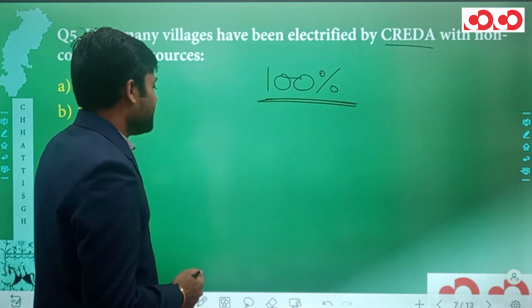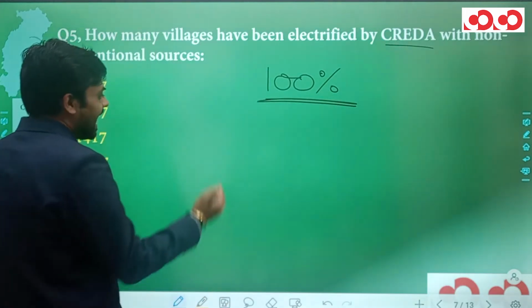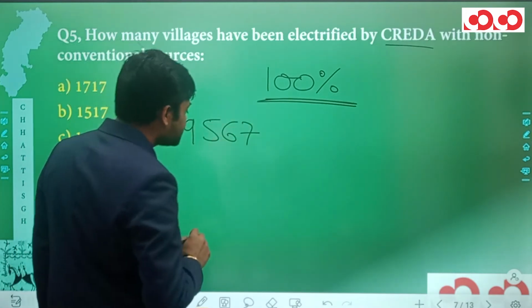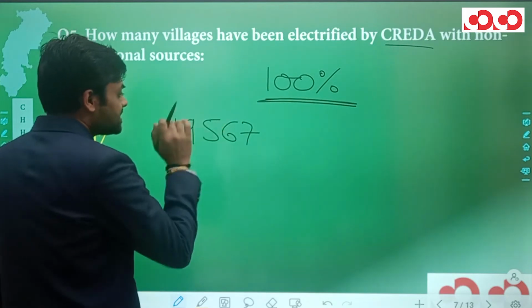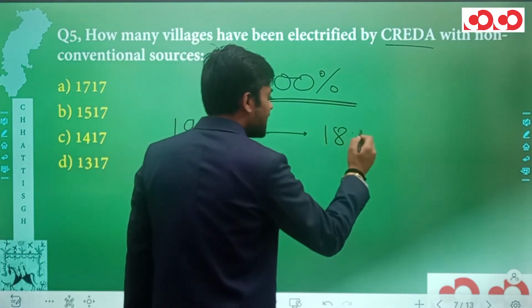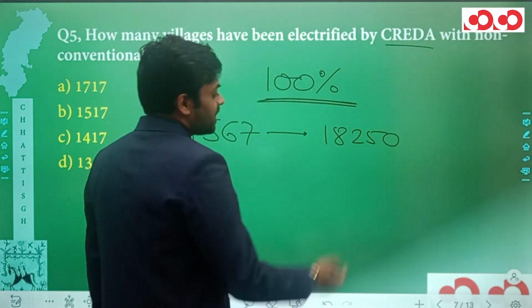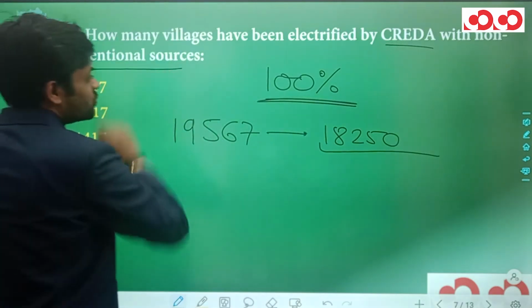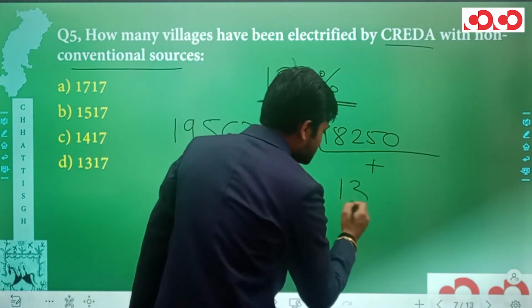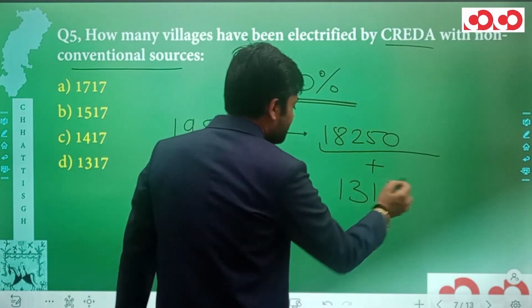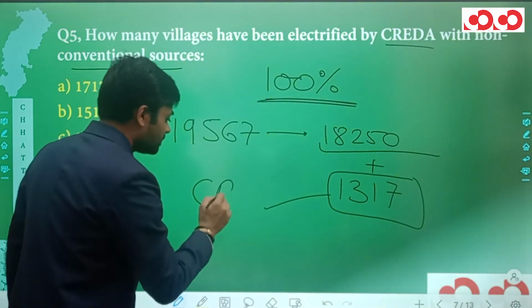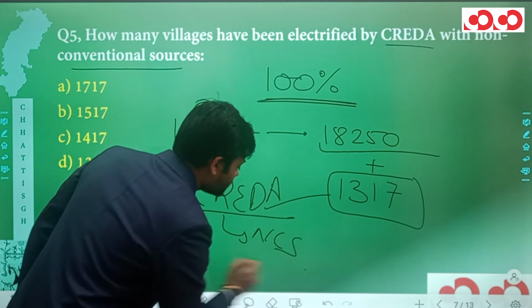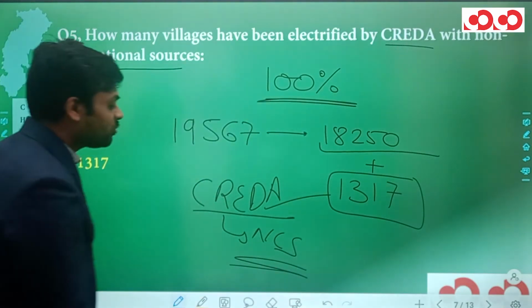According to the economic survey, out of 19,567 villages in Chhattisgarh, according to census 2011, 18,250 villages have been electrified by the use of conventional sources, while 1,317 have been electrified by CREDA using non-conventional sources. So what have I told?